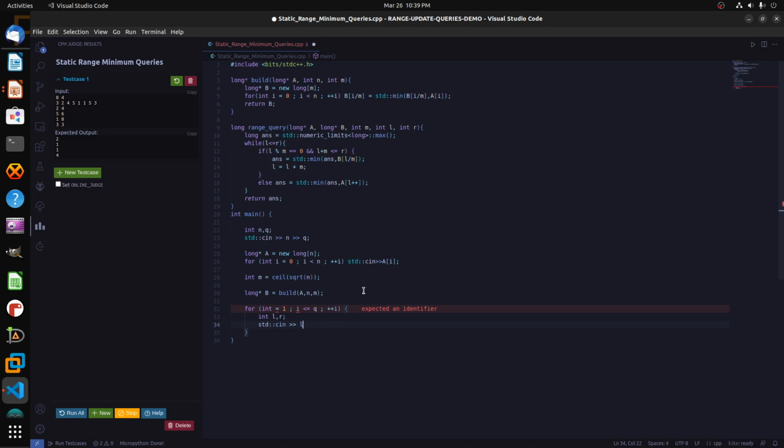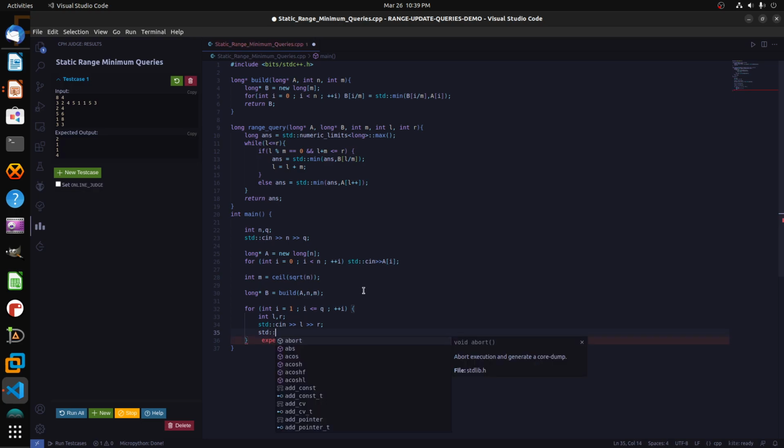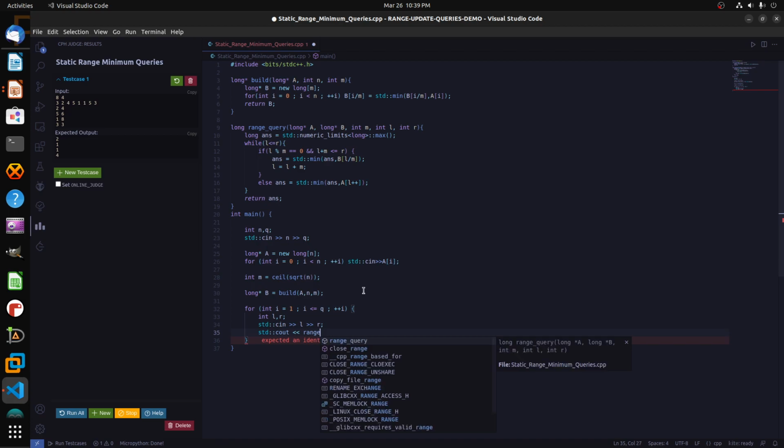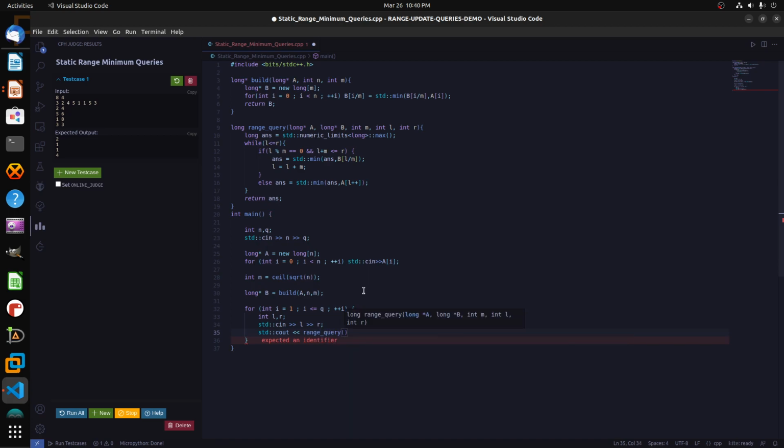Now we will compute and display the range minimum query from left to right using the square root decomposition technique.